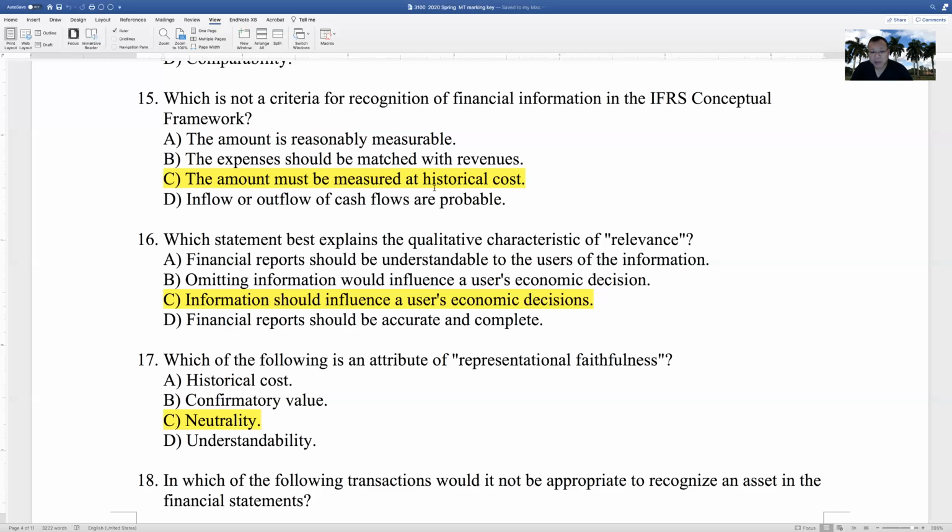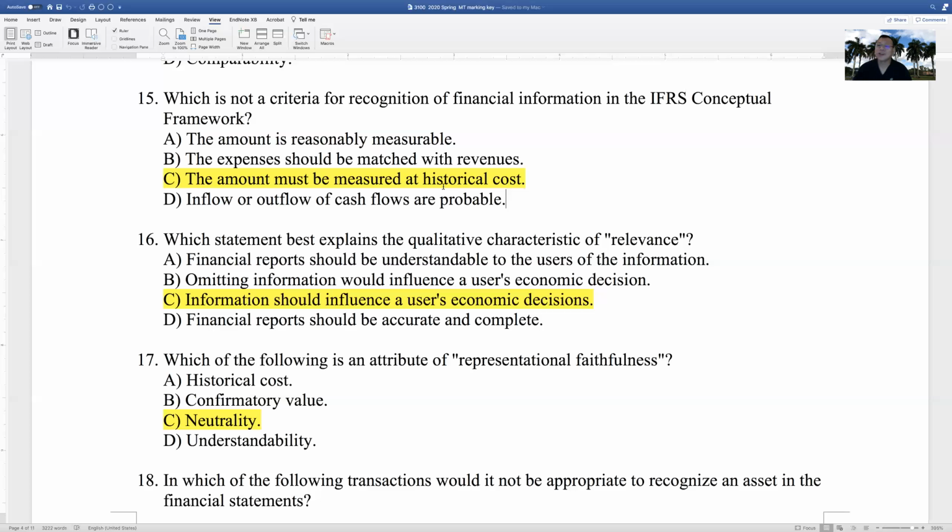The amount must be measured at historical cost. So this is not right. Remember last lecture where I was comparing the differences between ISB and IFRS. Under IFRS, the biological assets such as dairy cow have to be reported on the balance sheet using their fair value, and the changes in the fair value over the year are considered as revenue or expenses.